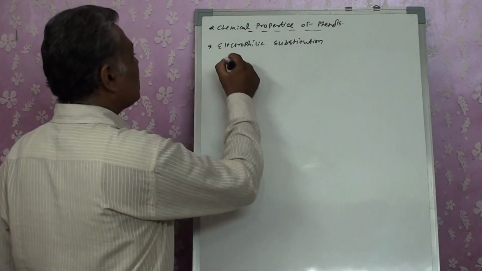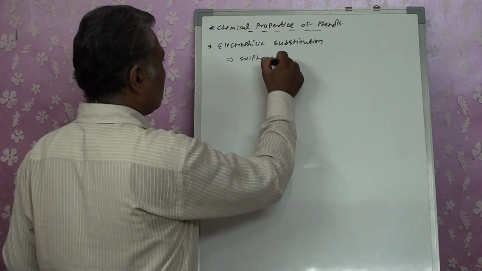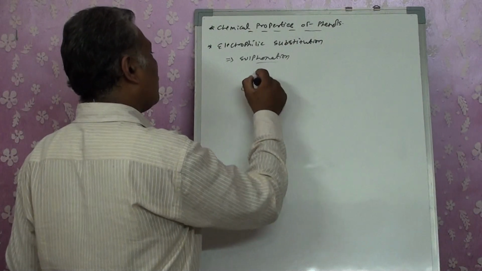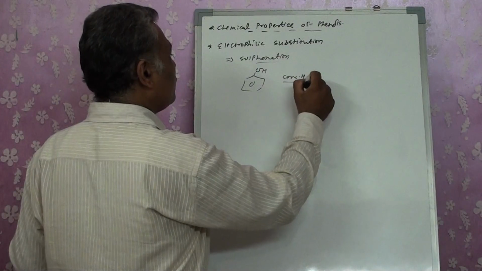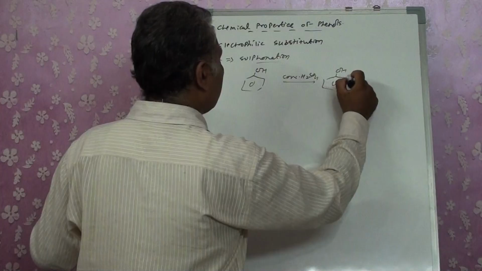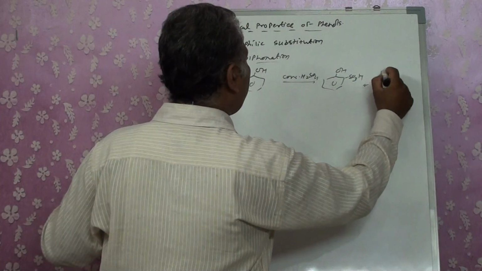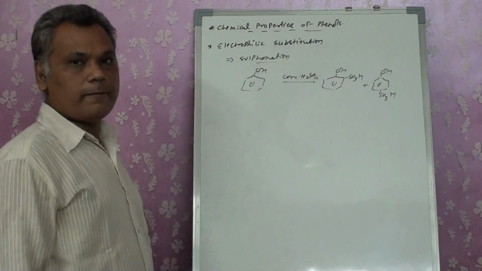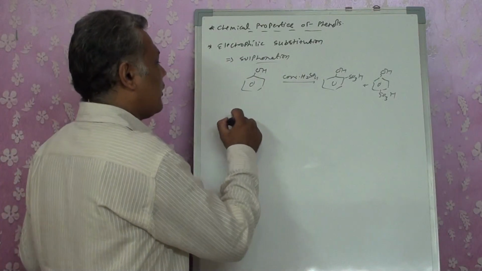Okay, for the rest of the electrophilic substitution, take sulfonation. When you go for sulfonation, you use concentrated H2SO4, and the product you get is ortho plus para. Here we don't have any specifications or anything different. It is now the routine electrophilic substitution reaction of aromatic compounds.